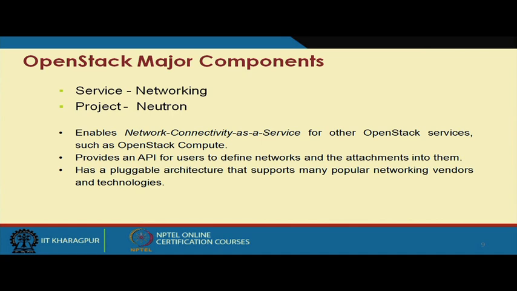Another aspect is networking. Another major service is networking, under Neutron, which enables network connectivity as a service for other OpenStack services such as OpenStack Compute. So, for other OpenStack services like Compute or Nova and storage services, Neutron provides networking as a service.